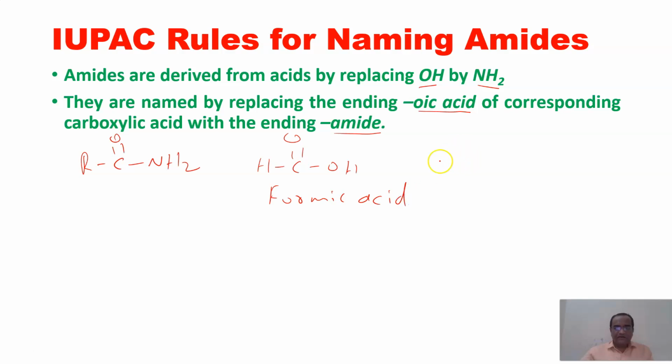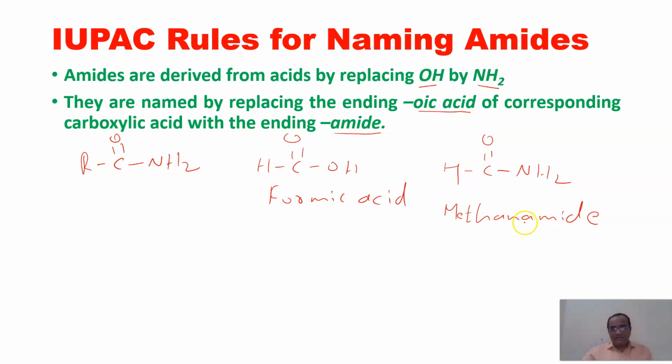And now if I write the derivative of this formic acid as an amide, the name of this compound is methanamide.